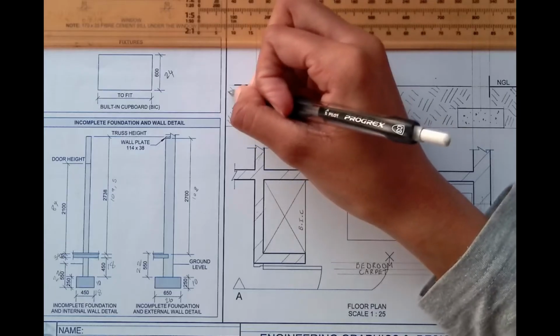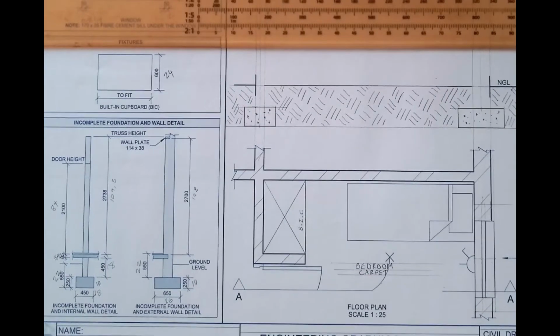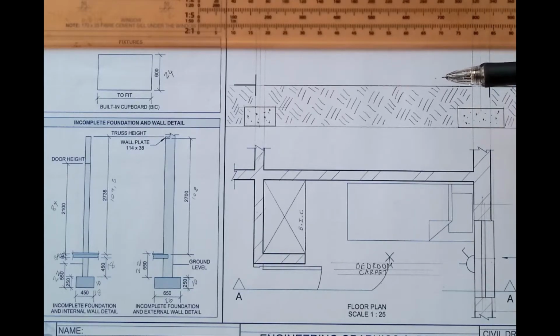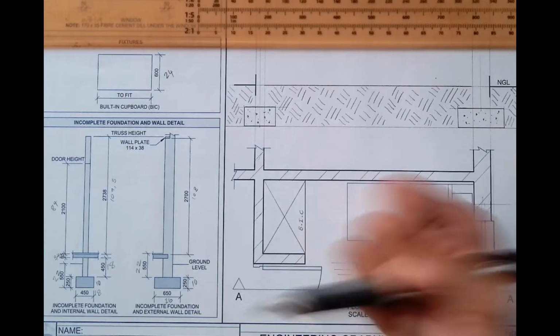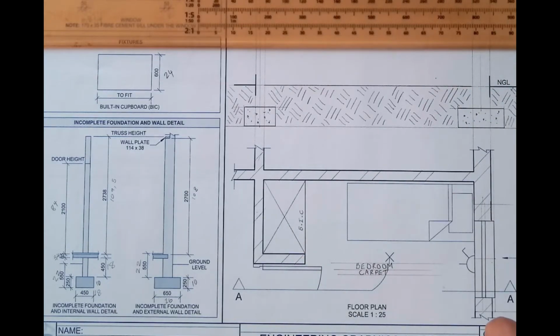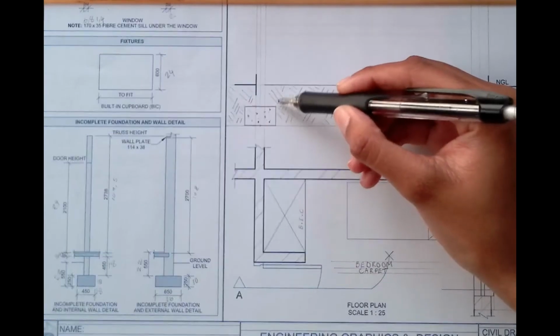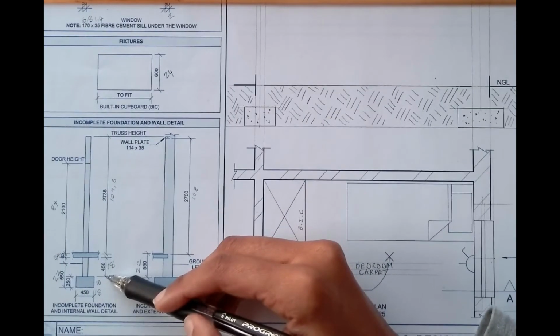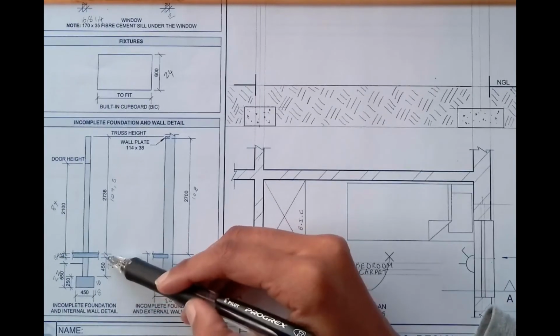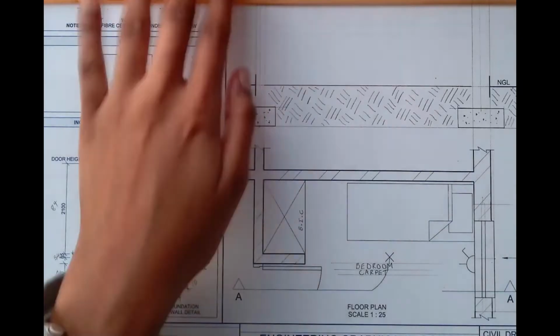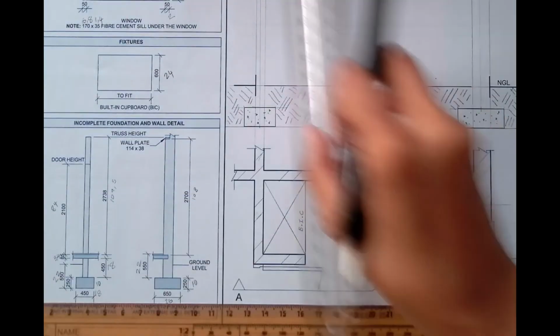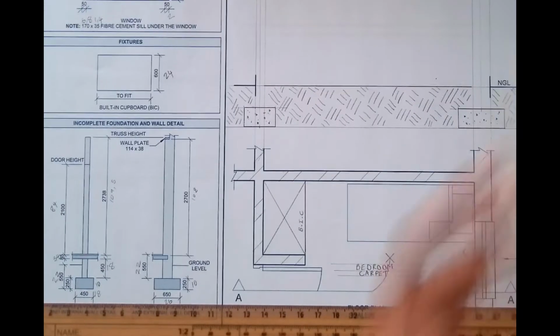So that is your earth filling, and next we're going to move on to our compacted hardcore. In order to get the compacted hardcore's width, we need to know how much it is to get to the concrete. Our concrete starts 18 millimeters from the external wall, from here to where our concrete starts, which is up until here. So I'm going to measure 18.